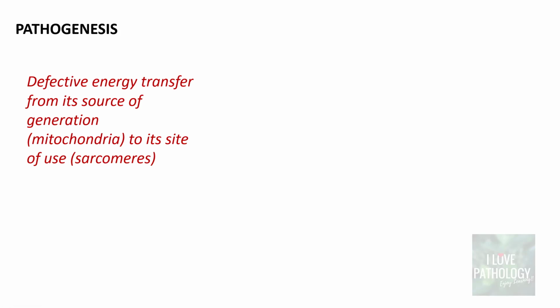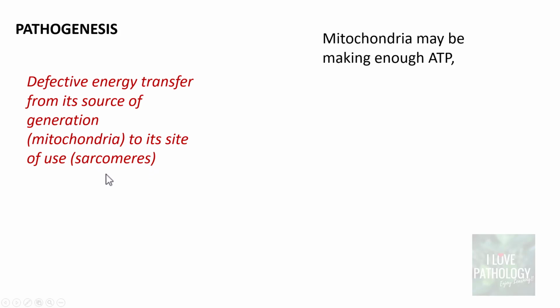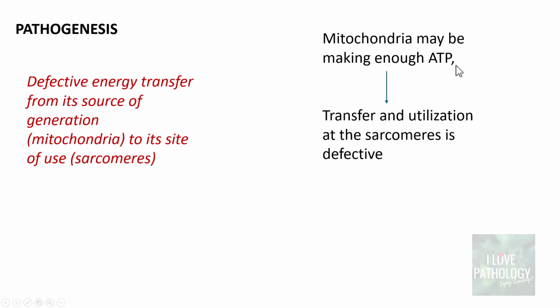Normally, ATP is generated by the mitochondria, which is the energy source, and that will be utilized by the sarcomeres. Now we know that the proteins of the sarcomeres are defective, right? So what happens? The mitochondria may be making enough ATP, but the transfer and the utilization of the ATP at the sarcomeres is defective. That is the basic mechanism because of defective proteins of the sarcomeres.